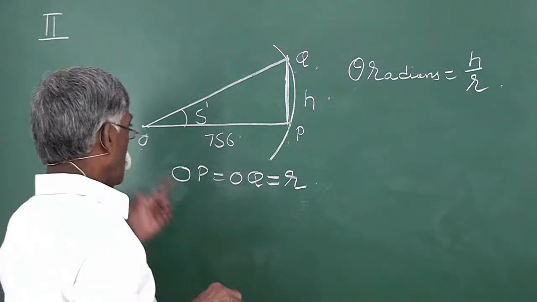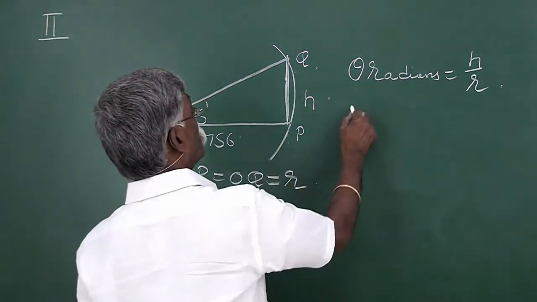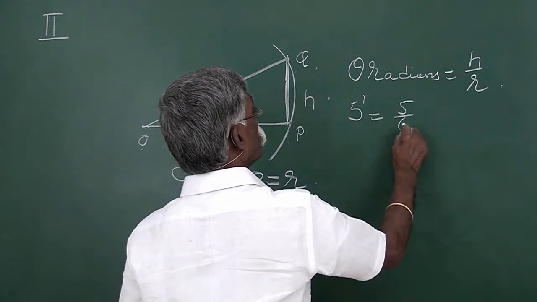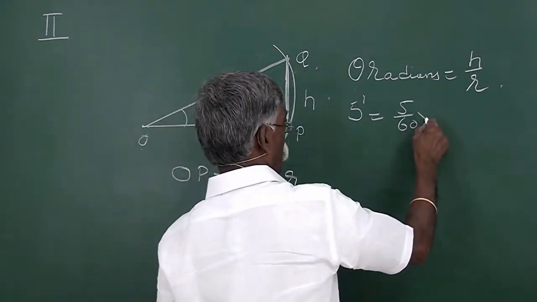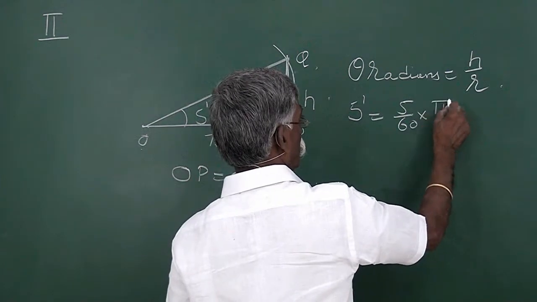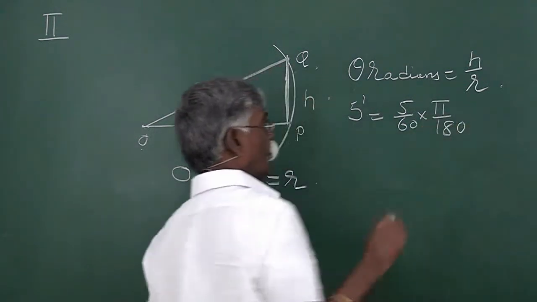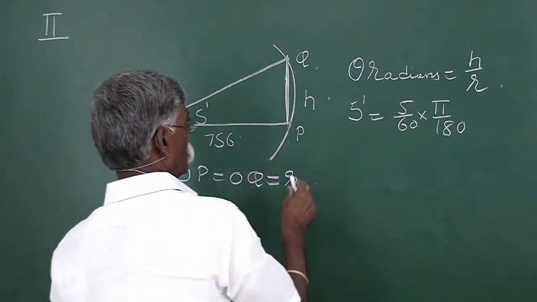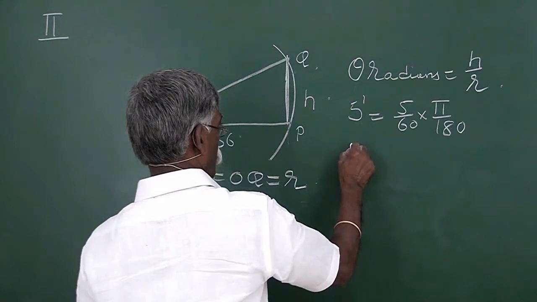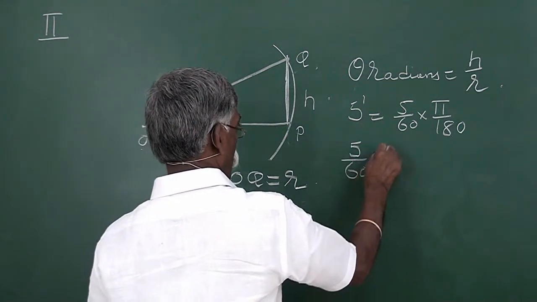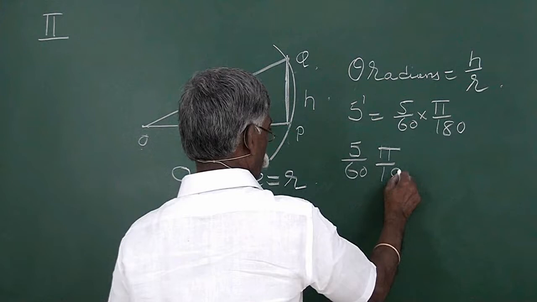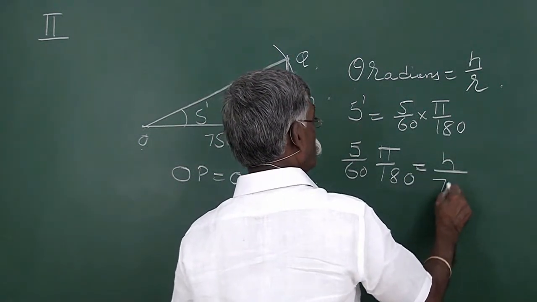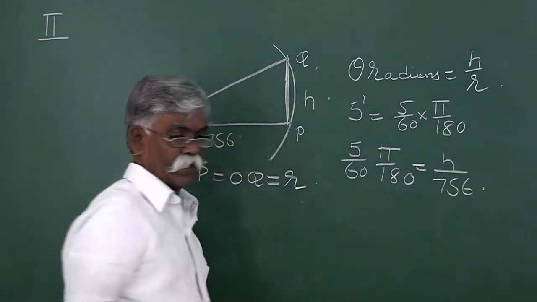And 5 minutes is 5 by 60 degrees, and in radians it is 5 by 60 into pi by 180. So therefore 5 by 60 into pi by 180 is equal to h by r, which is 756.